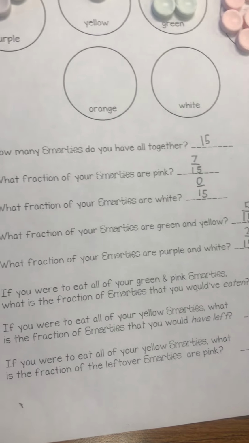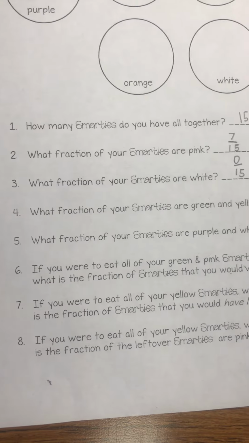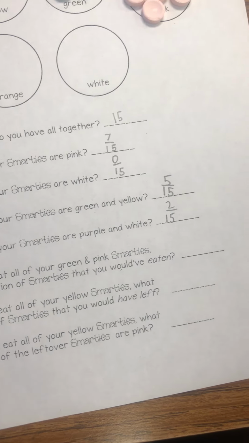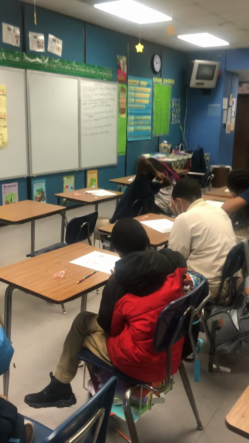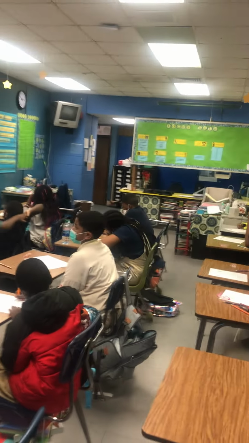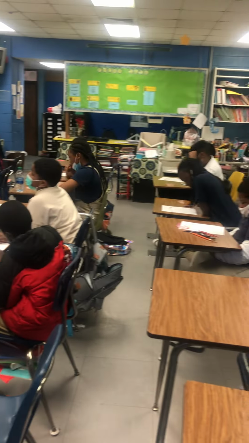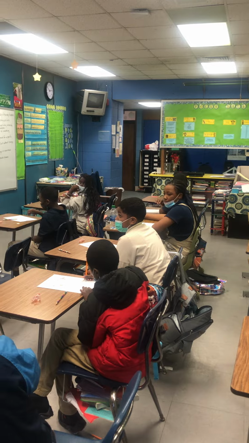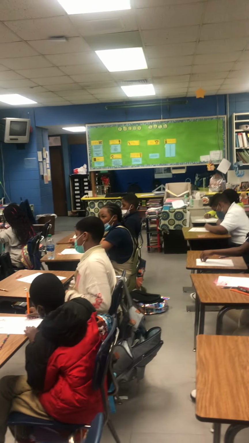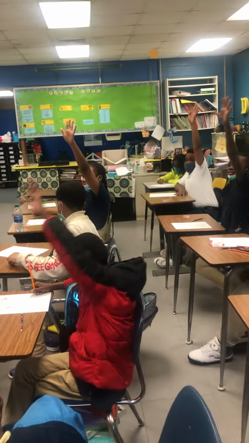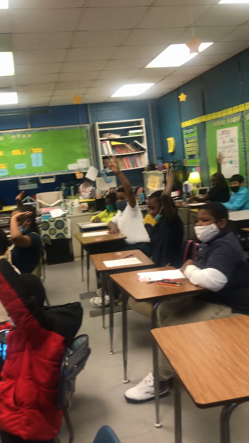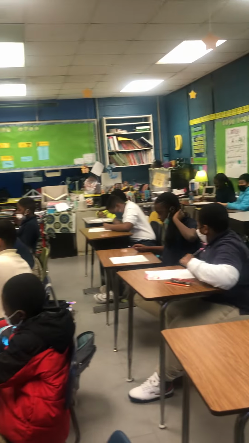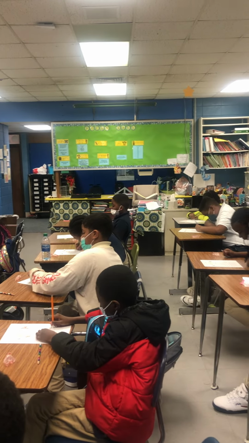If you were to eat all your green and pink Smarties, what is the fraction of Smarties that you would have eaten? Okay. So go ahead, did you do it already? I don't have green. Oh, you don't have green. Okay. 0. So who has green? Okay, go ahead and do yours, the ones that have green. And the ones that have the pink.